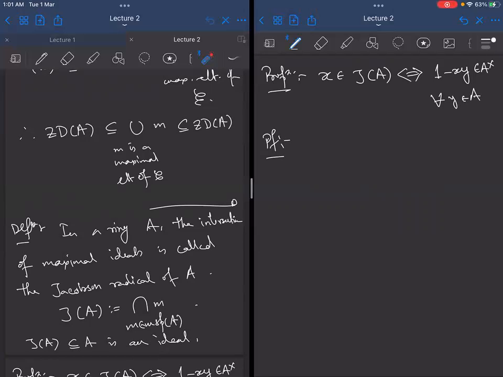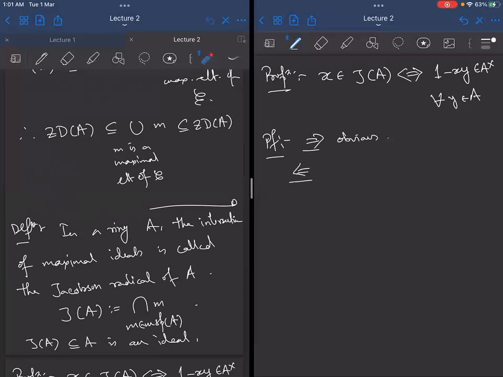That means xy is in that maximal ideal. That means 1 resides in the maximal ideal, but that makes the maximal ideal the whole ring, which we cannot afford, and therefore that is a contradiction, and therefore 1 minus xy is a unit for every y in A. So this part is obvious.